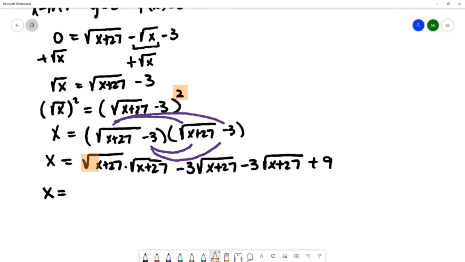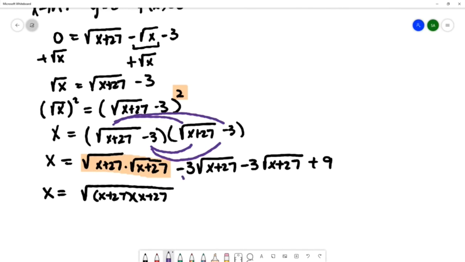When we multiply these two together, they both have radicals, and the rule that we follow is that we multiply what's underneath them. So we can write this as square root of x plus 27 times x plus 27. So when you're multiplying the same square roots, you can multiply what's underneath them.